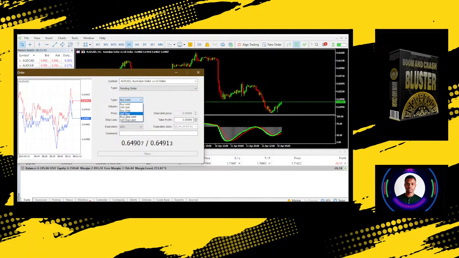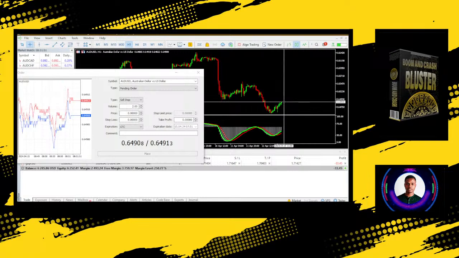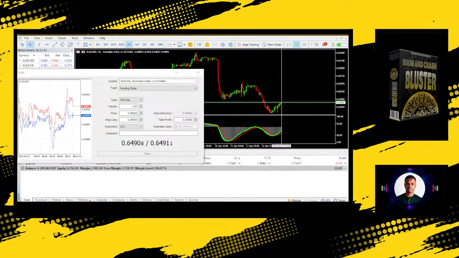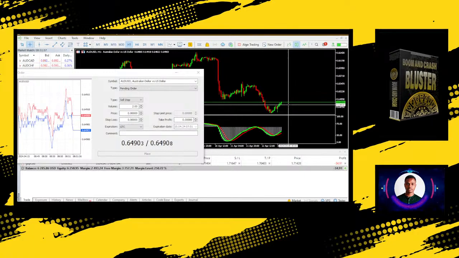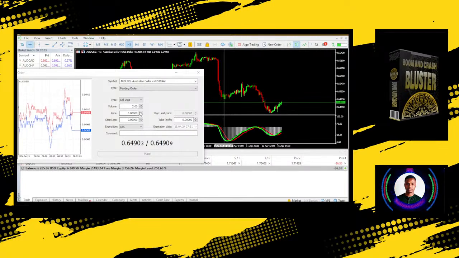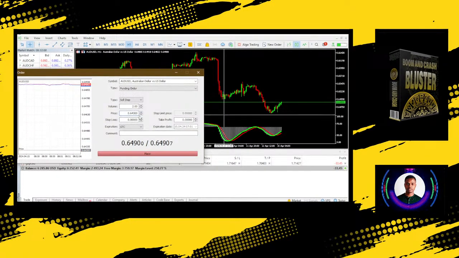You're gonna put sell stop, and our sell stop is gonna be around below the open of this trade right here. So this candle right here, so it's gonna be somewhere around here. So it's gonna be 0.6481. This is below where the price is at right now.